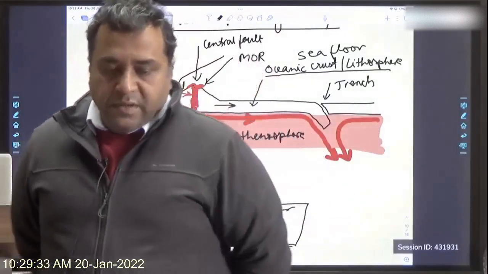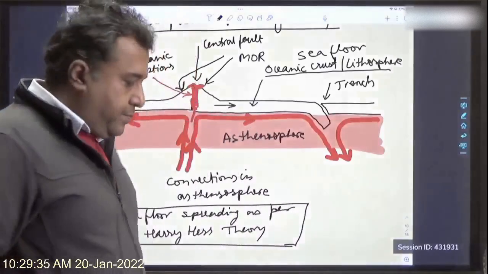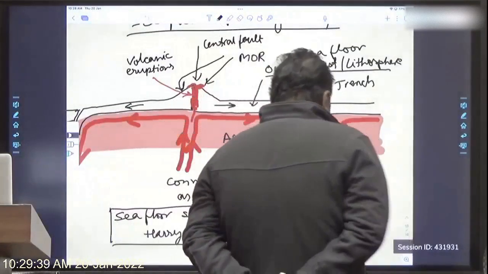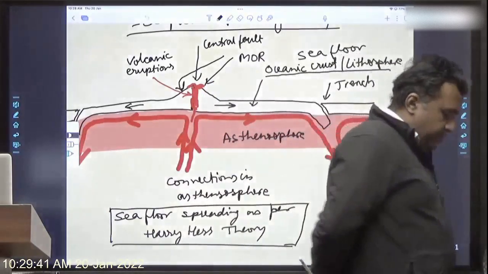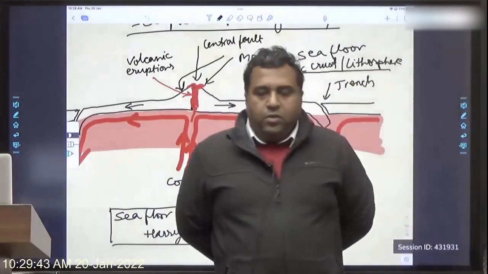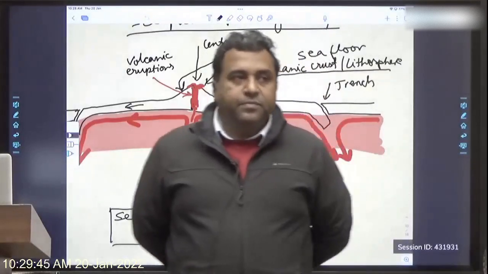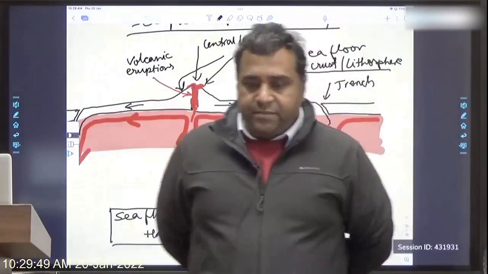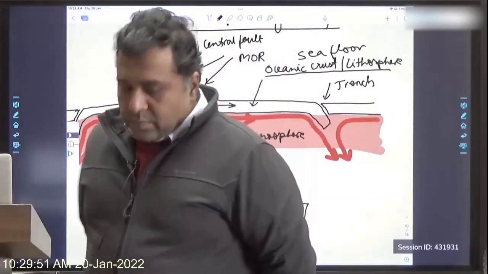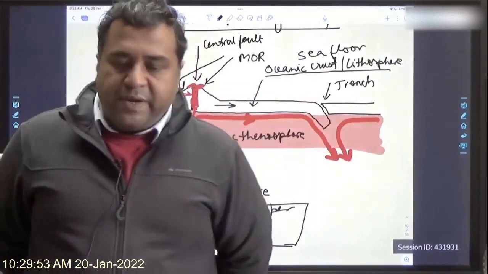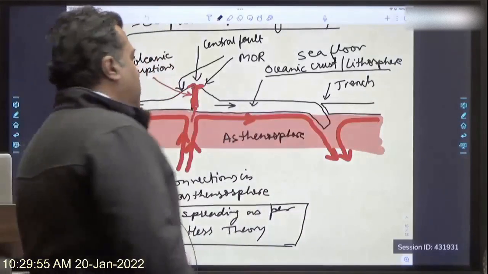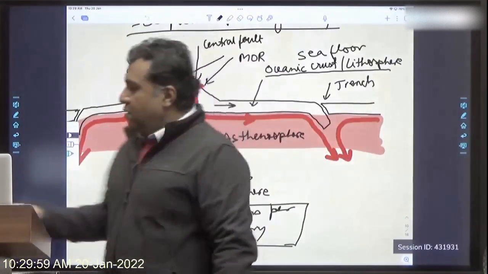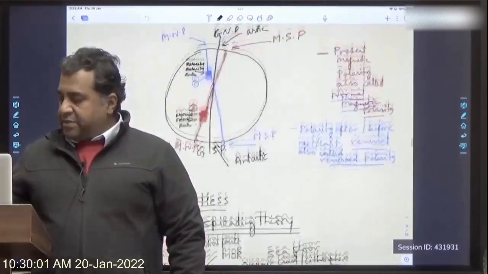Okay, and finally, even the magnetic reversal and related normal and reverse polarity rock bands could be explained as per this theory.